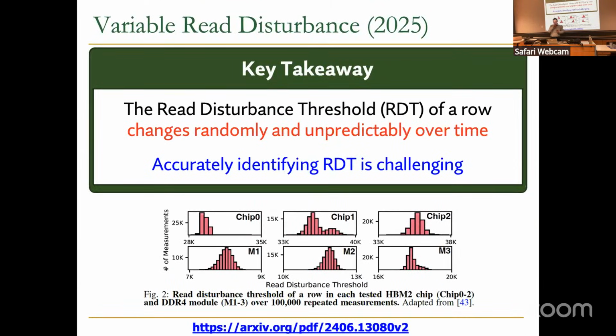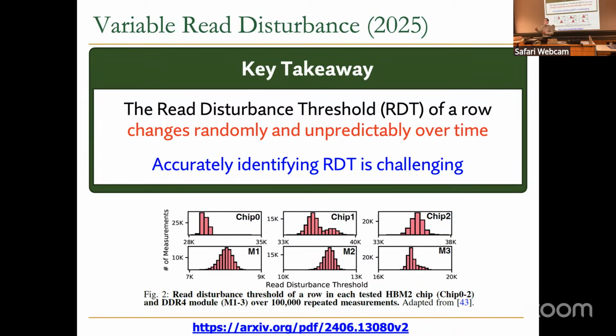Another discovery was this paper. Again, we don't know the underlying reasons for this, but Altaberg reported at last HPCA that essentially the read disturbance threshold, the number of activations to induce a bit flip, changes randomly and unpredictably over time. Meaning accurately identifying this read disturbance threshold that everyone banks on to configure the RowHammer solutions with is challenging.